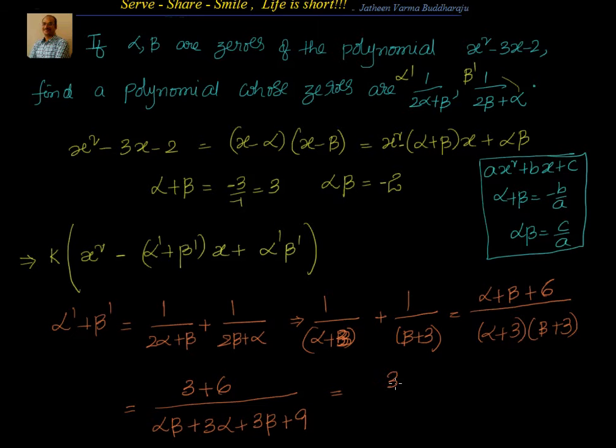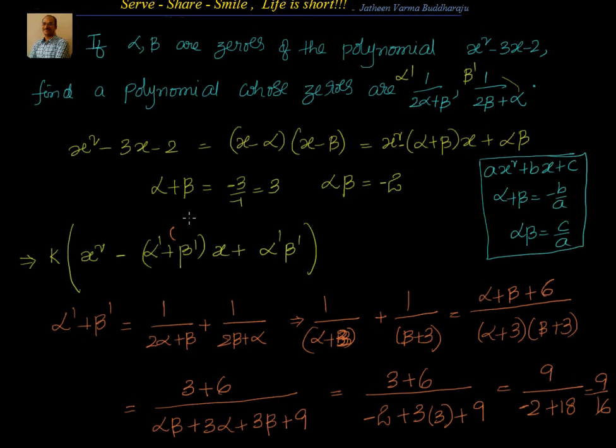That's equal to 3 plus 6 divided by alpha beta, which is minus 2, plus 3 into alpha plus beta, that's 3 into 3, plus 9. That's equal to 9 divided by minus 2 plus 18, that's equal to 9 by 16. So we got alpha dash plus beta dash equal to 9 by 16.